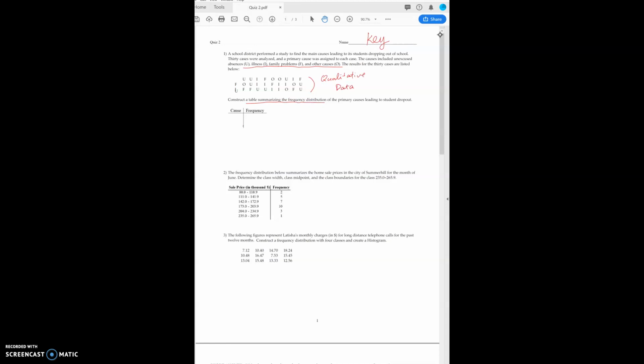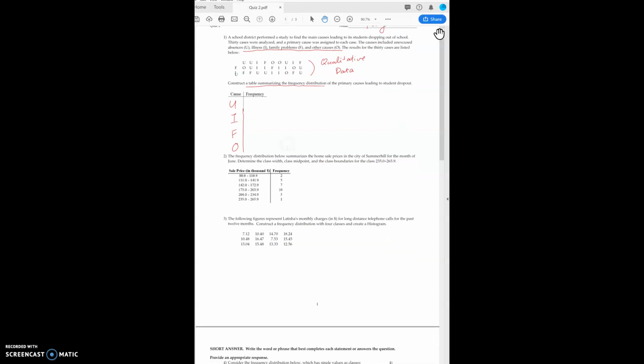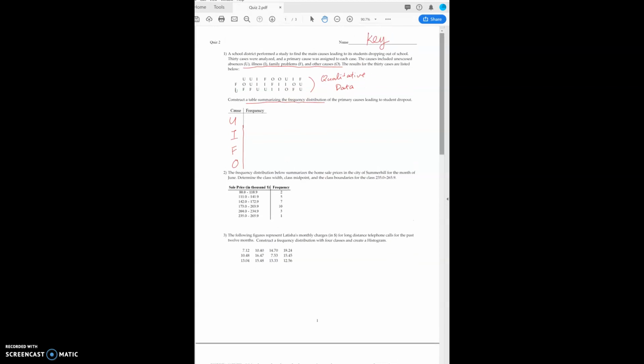So for the classes, we have absence: the U's, unis; the I's, family problem; the F's; and then other causes, the O's. So we're just going to count how many we have. 1U, 2, 3, 4, 5, 6, 7, 8, 9.